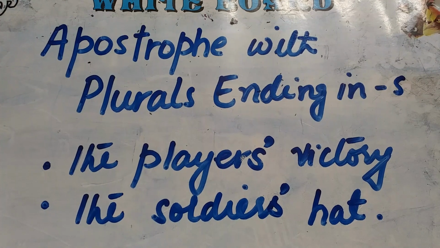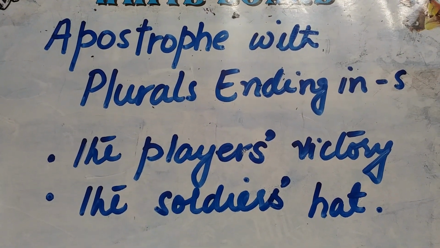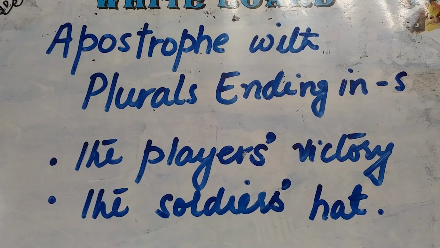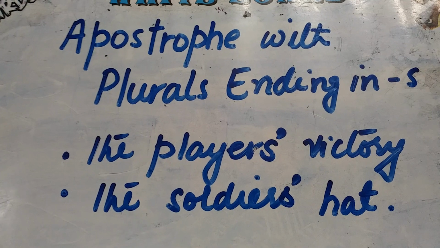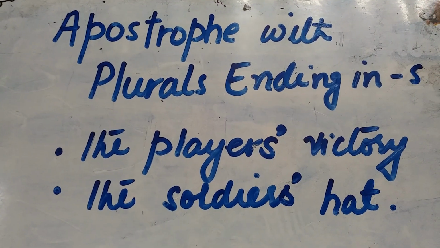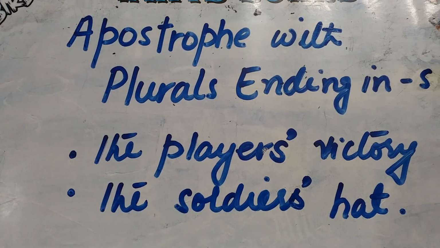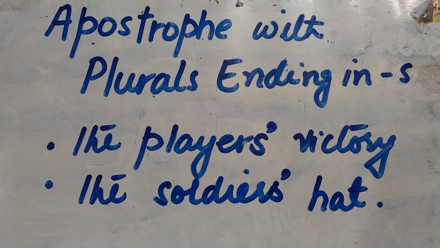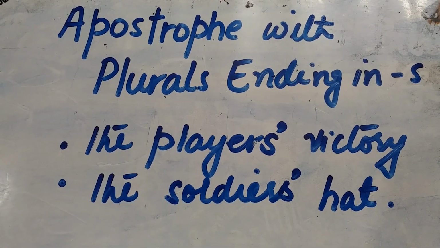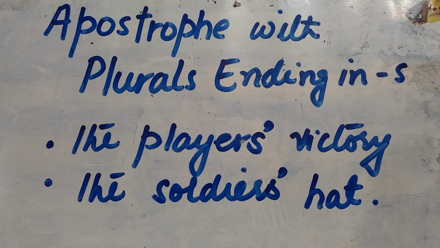You also have to write examples of plurals that end in S, by simply adding the apostrophe rather than apostrophe plus S. So you have to write down 5 examples of each of them, which makes 15 total examples. Best of luck with these, girls.